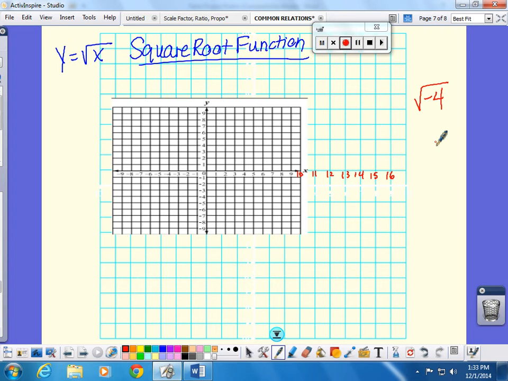Can I borrow a calculator? And you will see. What does it say? Now don't hit x squared, hit the square root.